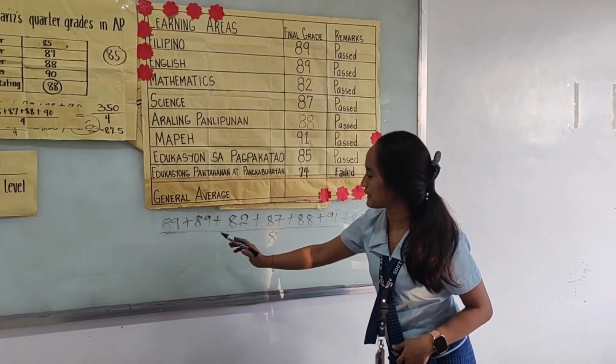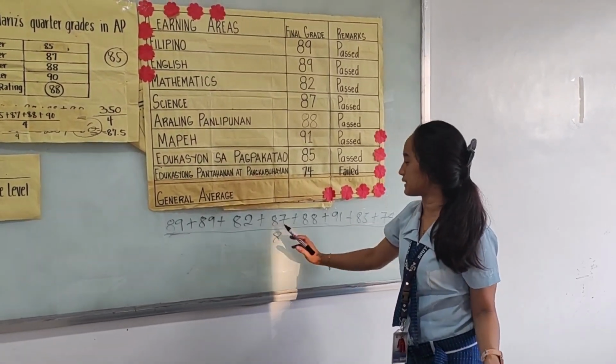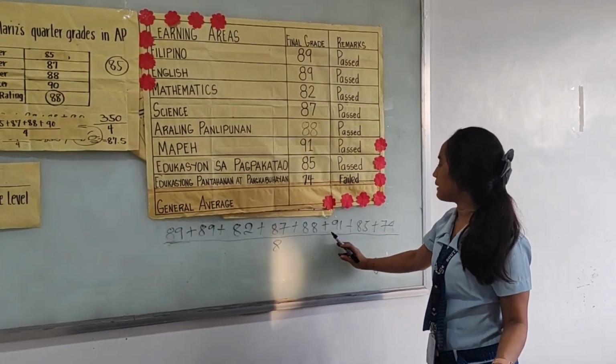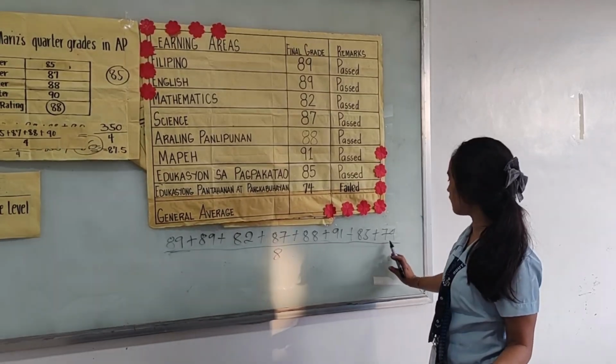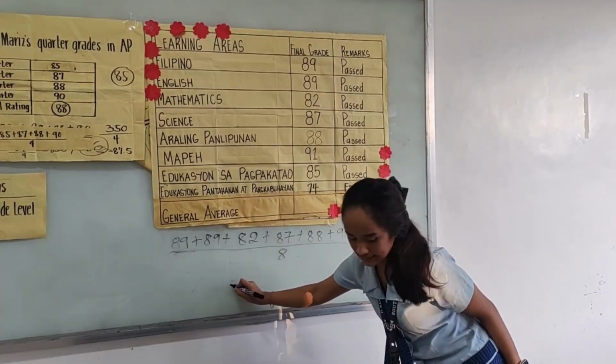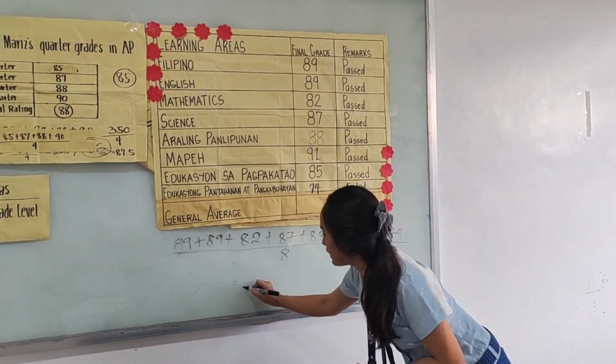So 89 plus 89 plus 82 plus 87 plus 88 plus 91 plus 85 plus 74, the answer is 685.